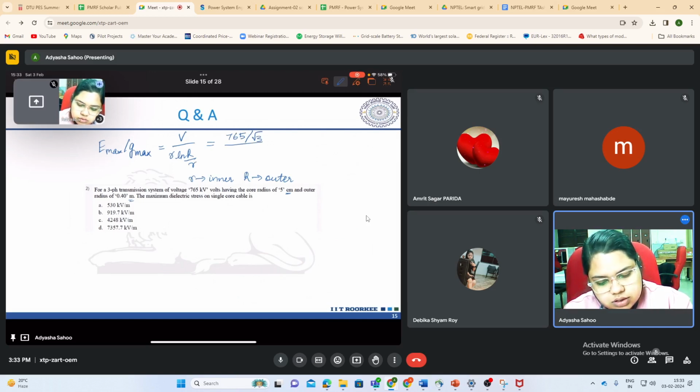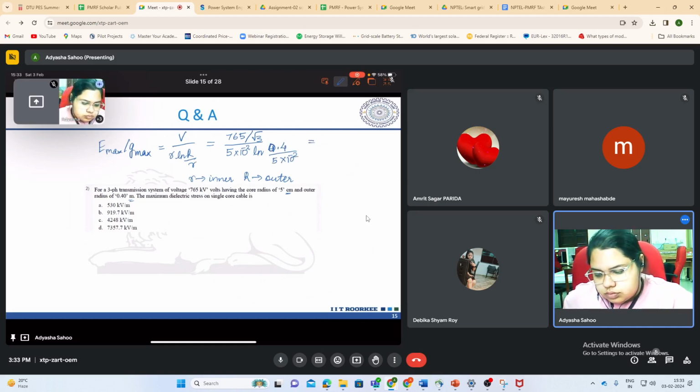Then your core radius is 5. It is asked in meter, so maybe you can convert this into meter. Then ln of R by r, sorry, it is 0.4. Anyone?